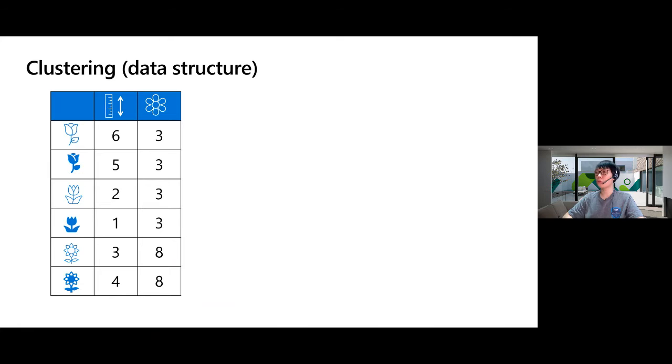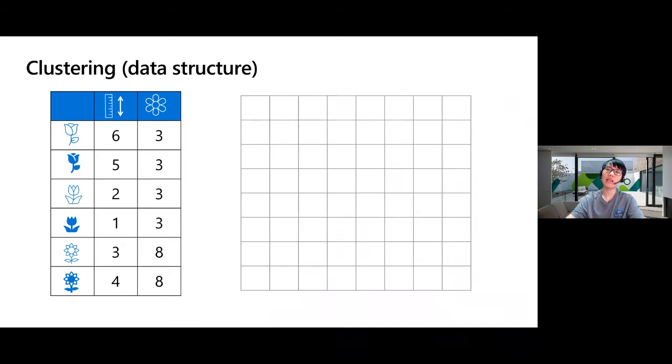What we want to do is group flowers that are similar together, but we have no label that we can use to train a model. Instead, we think of the feature values that we have as being coordinates on which we can plot the sample data points. In this case, we have two features, height and petal, so we can plot them on a two-dimensional grid like this.